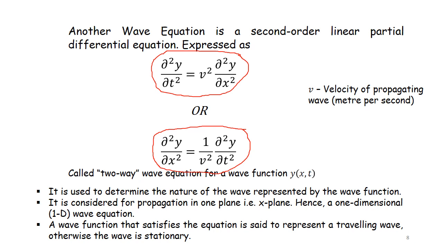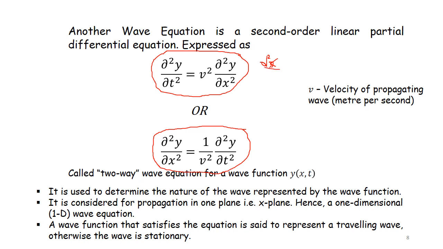How to confirm is that just look at it. v squared is d squared x over dt squared. That's my one hint for you to confirm.